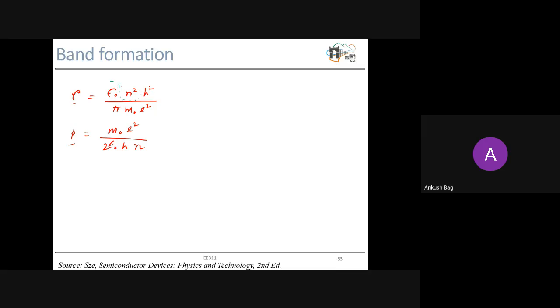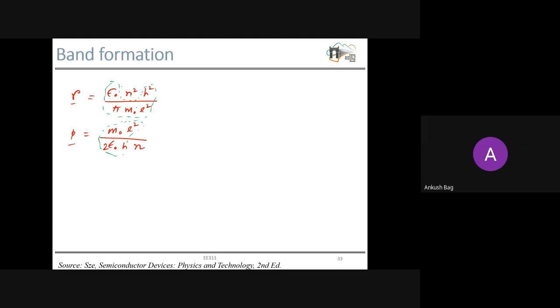All these terms here, as well as in momentum, are essentially constant: m naught is the electron mass, then the electron charge, epsilon naught, and h, Planck's constant.